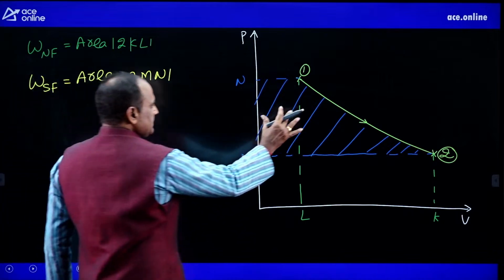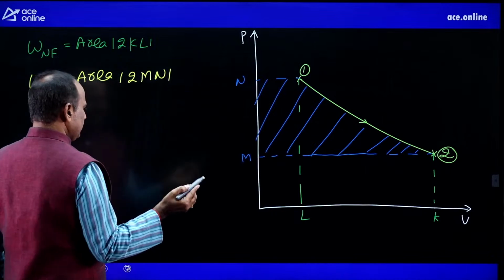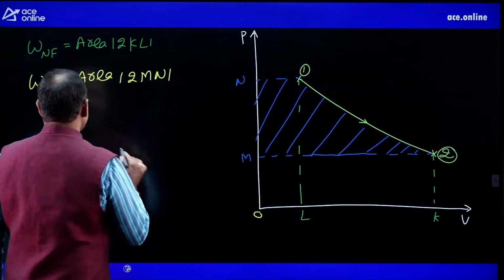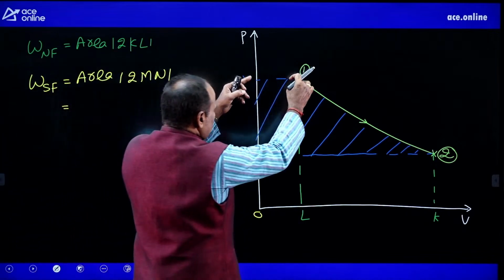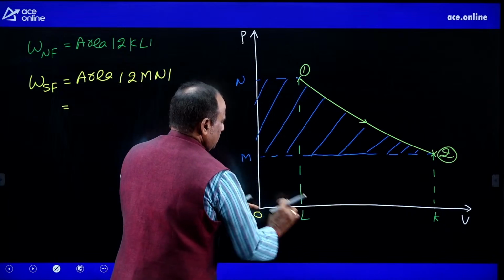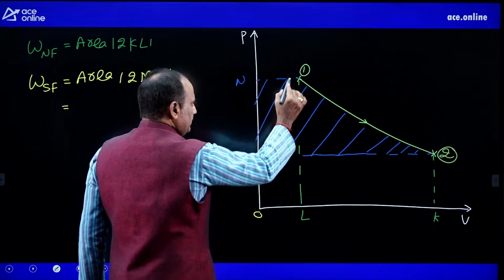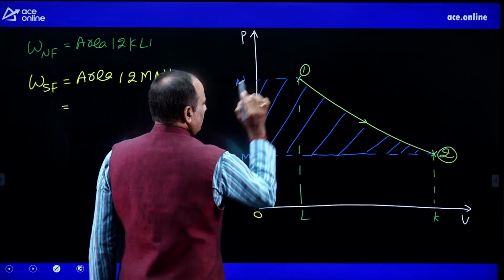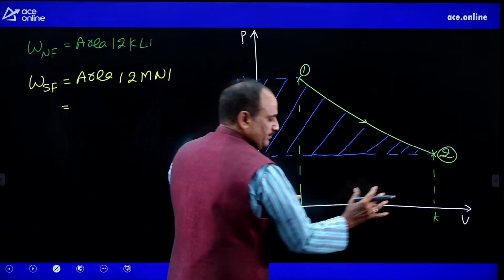Since the area 1, 2, M, N, 1 is the steady flow work, I am going to write it like this. This steady flow work is equal to, first I am taking this rectangular strip, that means area 1, L0, N, 1, plus the area below 1, 2.